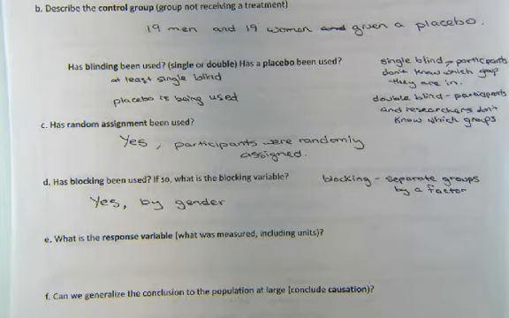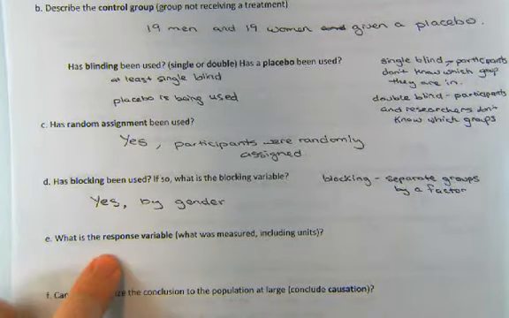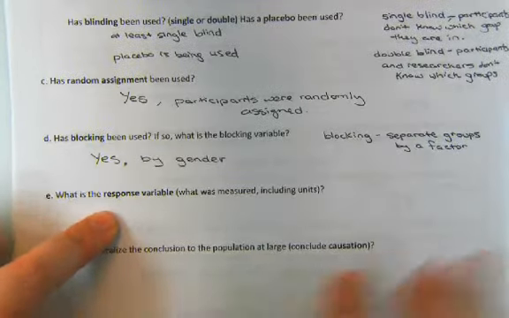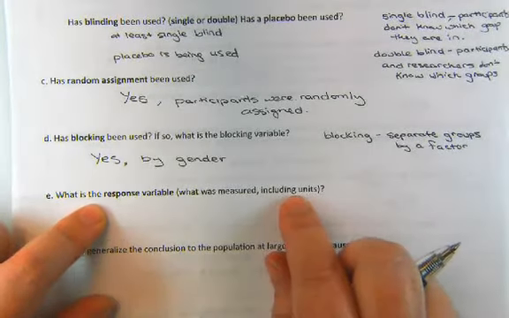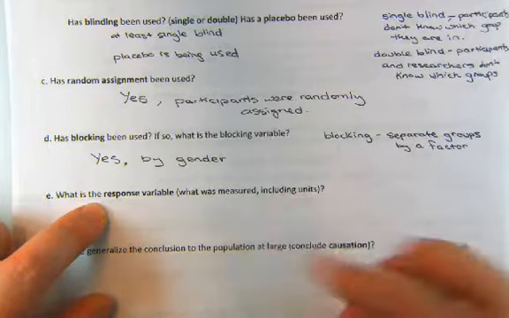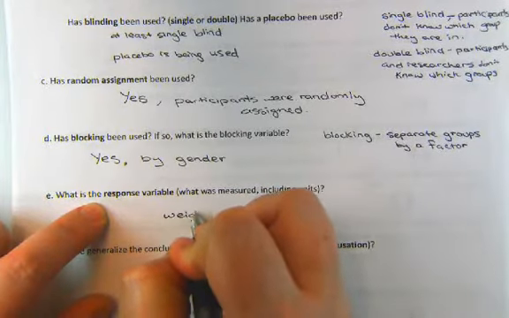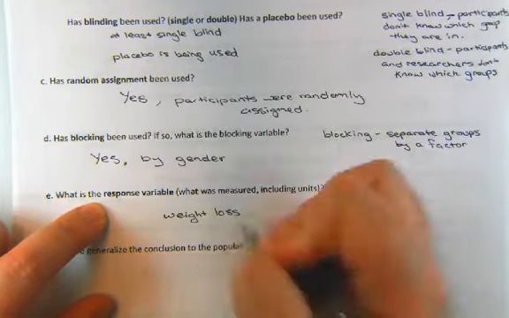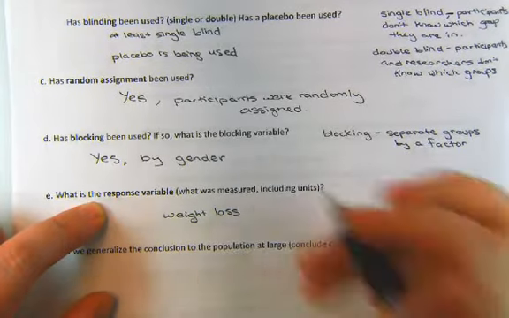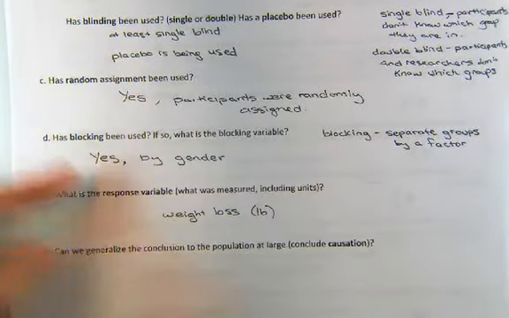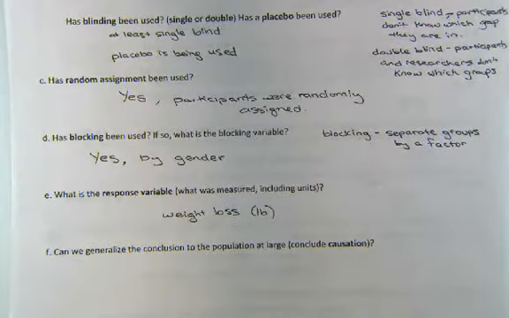Our response variable, so what was measured, was weight loss, and the units are probably in pounds here in the United States. So they were recording some weight loss as they were given the treatment. With these pieces, this is all fantastic for a well-designed experiment.